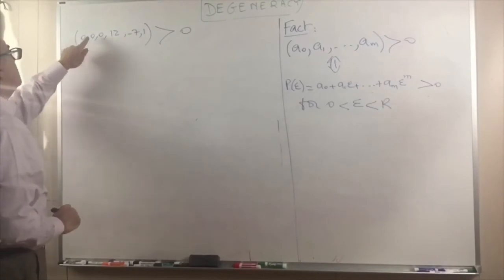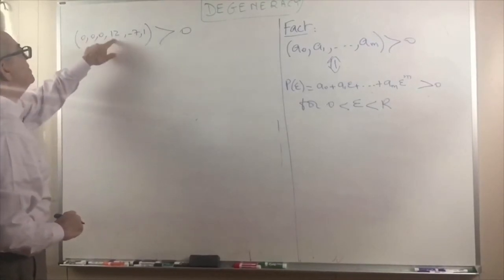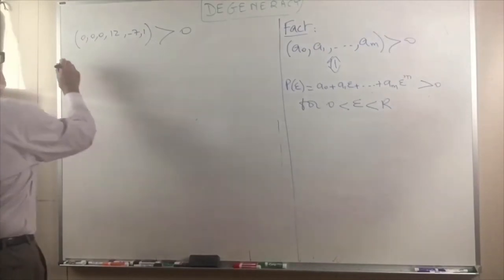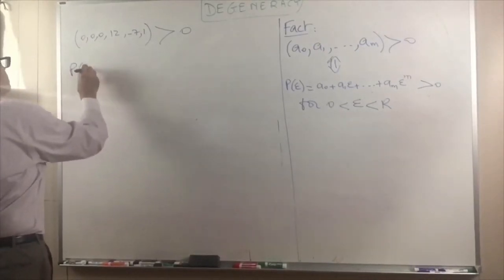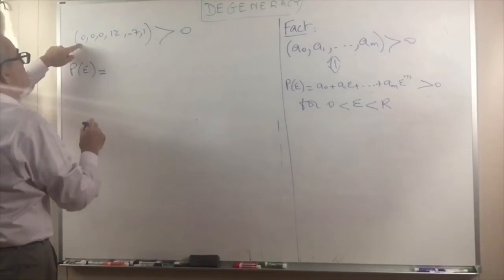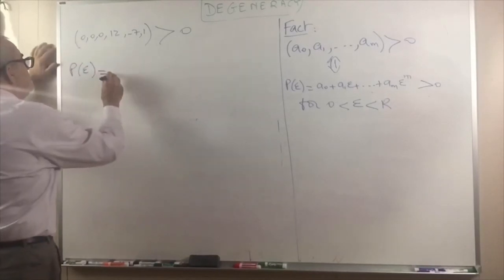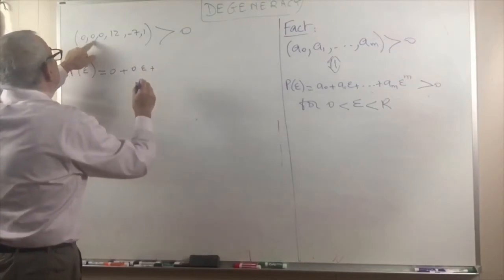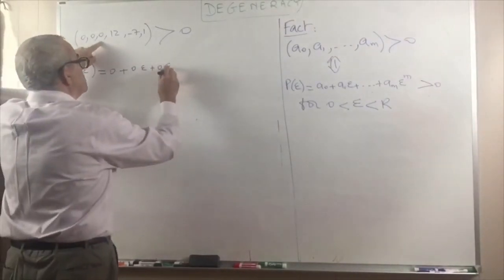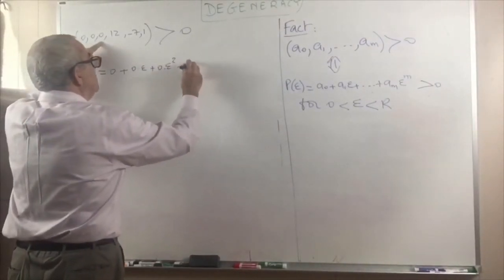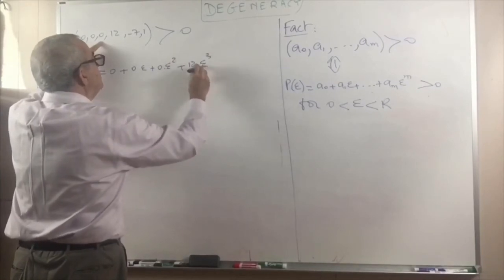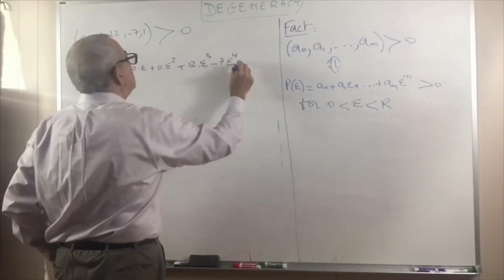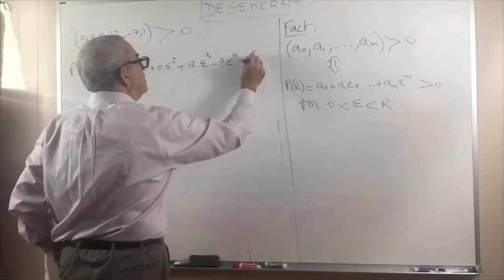I have 0, 0, 0, 12. 12 is positive, therefore this vector is lexicographically positive. Now, what is P of epsilon? Well, that's 0 plus 0 times epsilon plus 0 times epsilon squared plus 12 epsilon cubed minus 7 epsilon to the power 4 plus epsilon to the power 5.